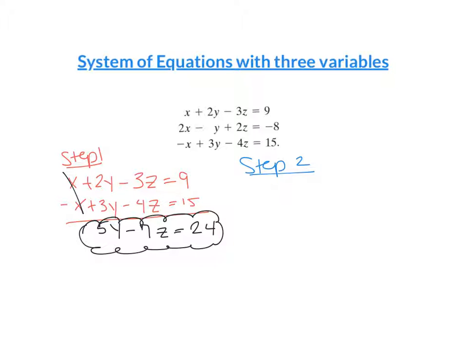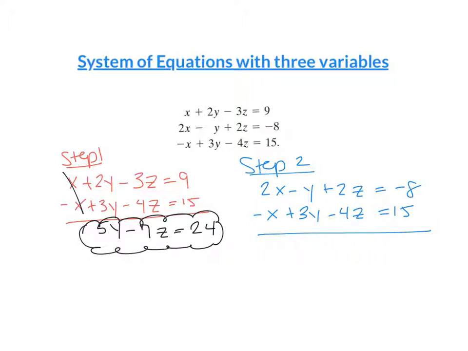So I'm going to pick equation 2 because I haven't used it yet. And I'm also going to pick equation 3. The reason why I'm picking equation 3 is because it will cancel out x because it has a negative. But I do need the second equation to have a 2.